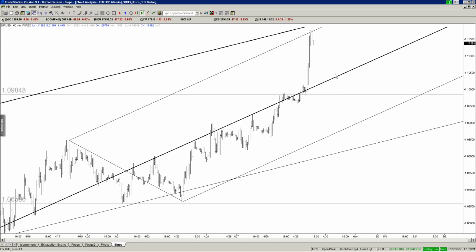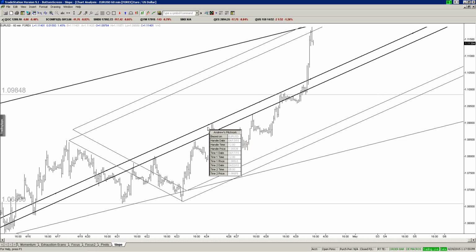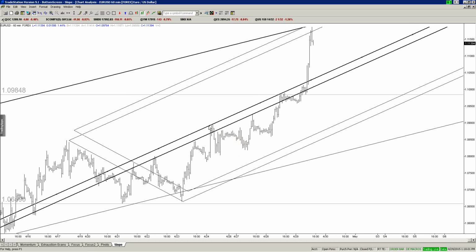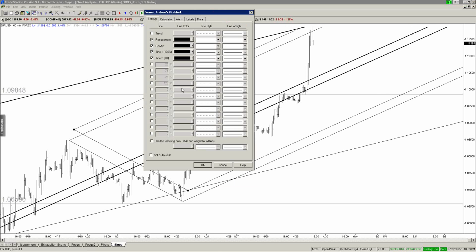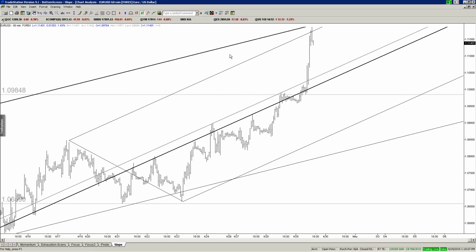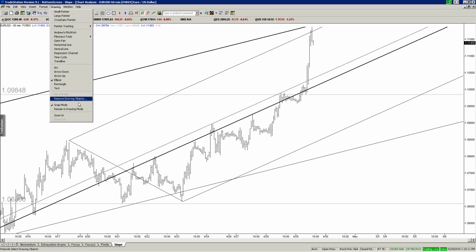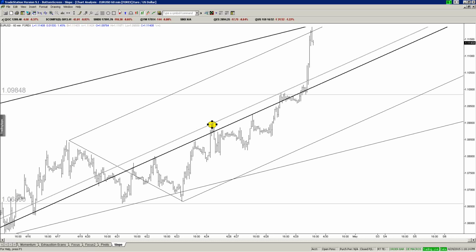So you'd be looking to buy this line or perhaps slightly above it, perhaps buying on the sliding parallel, which was resistance here and here, okay?